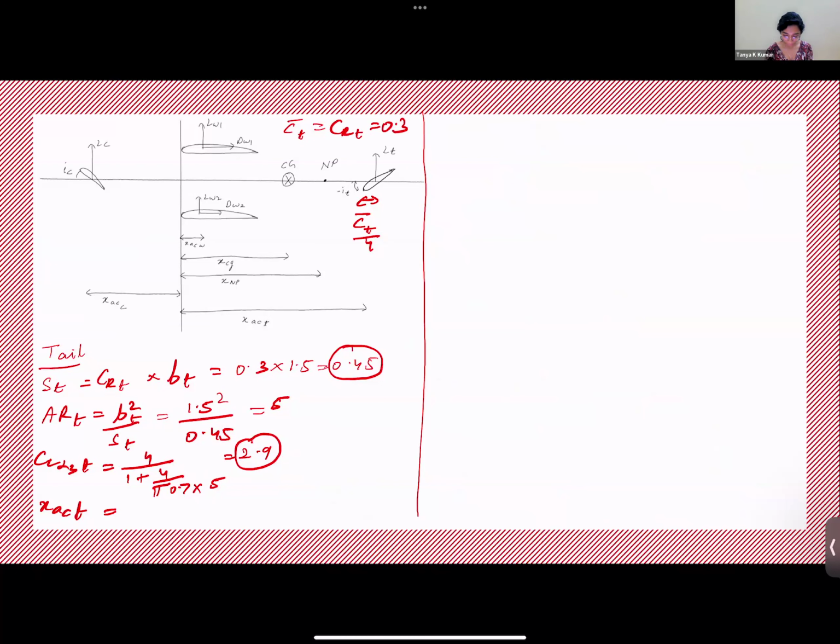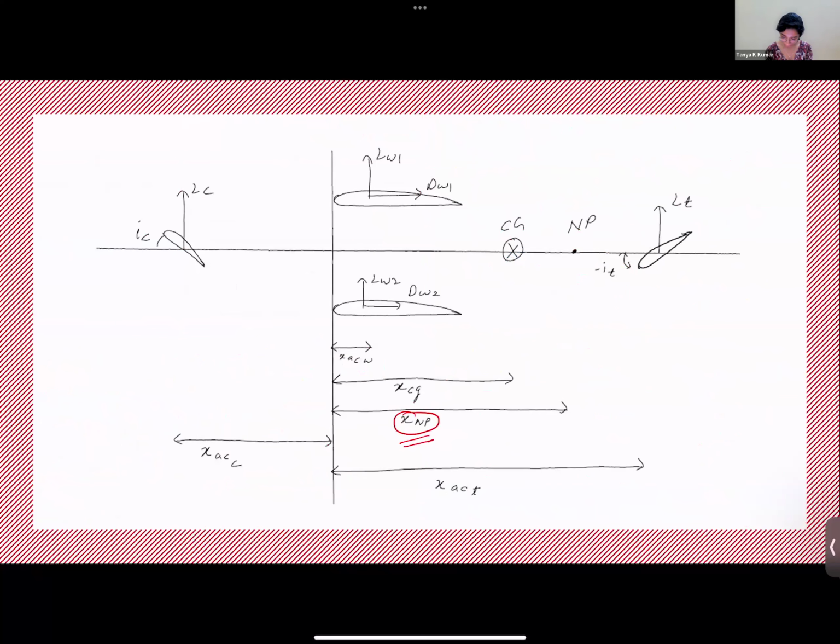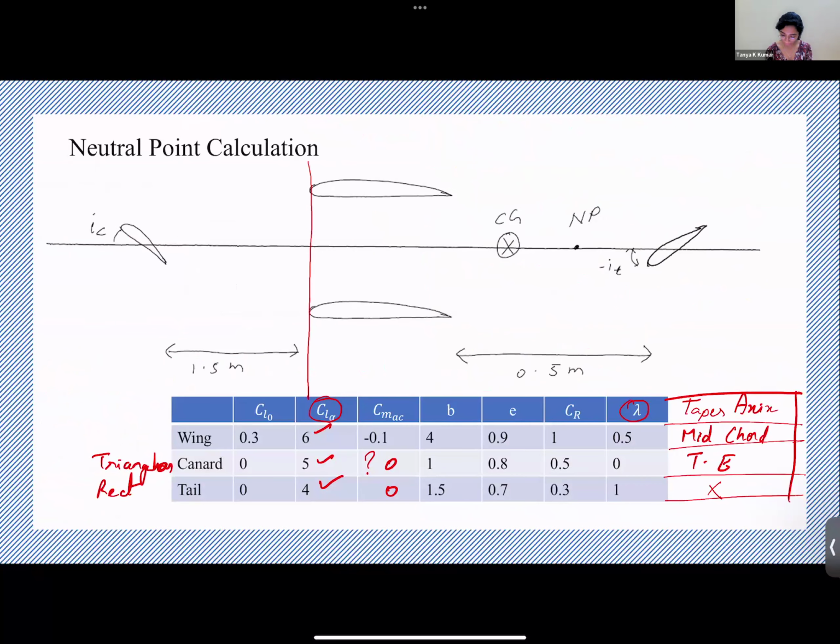So what is XAC tail? Look at what is given to you in the question. Have this distance 0.5 and you have the wing 4. So you have 4 plus 0.5.